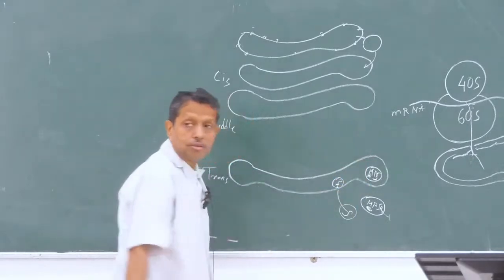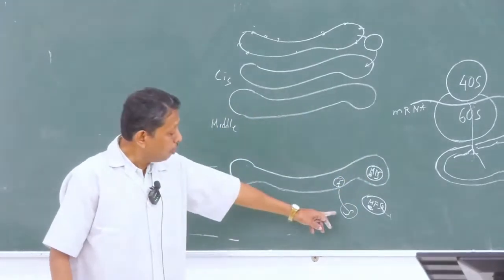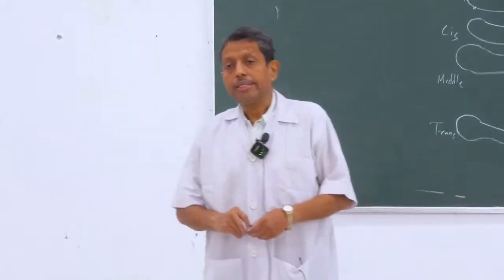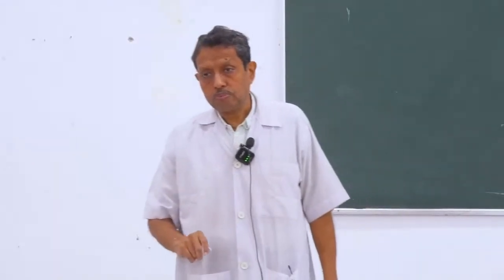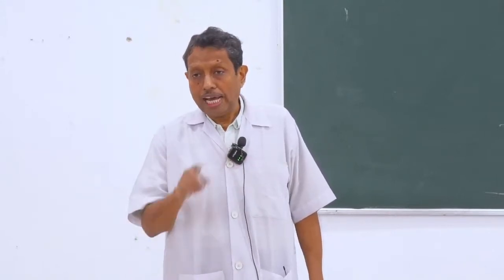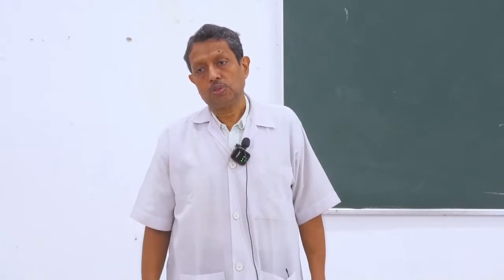It has this function. So whenever there is a deficiency of this mannose 6-phosphate receptor, these enzymes are produced, but they cannot go into the pre-lysosomes or ultimately lysosomes.